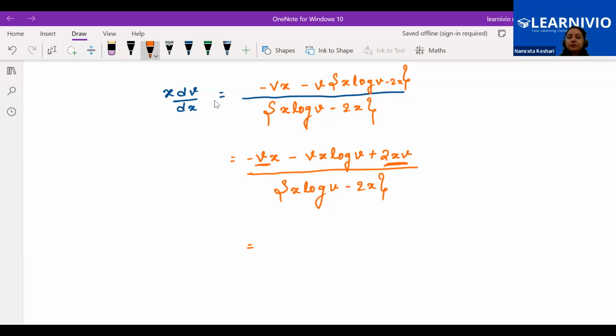So it will be just minus vx log v plus 2. I'm saying that 2xv and vx are like terms. xv and vx are the same thing. So we cancel them.